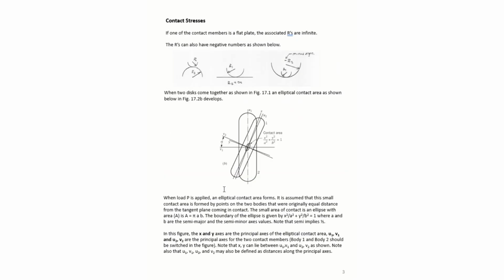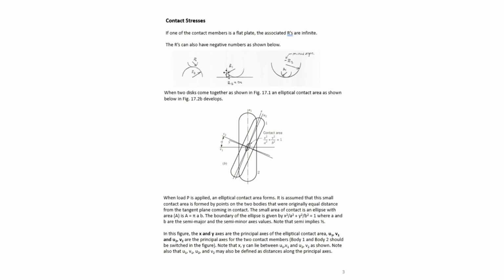Some more definitions that can help us are shown on this next page. But before we jump to those, let's look at what the values of R can be. If you have two bodies that are just rolling on top of each other, as shown here, you would have a positive R1 and a positive R2.